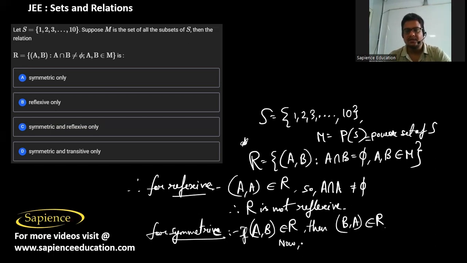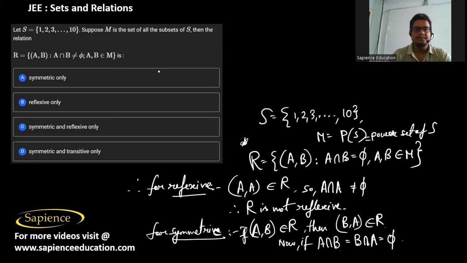Now, if A intersection B is phi, then B intersection A also will be equal to phi only, since A intersection B and B intersection A is the same. So therefore R is obviously symmetric. R is a symmetric relation on the set M.